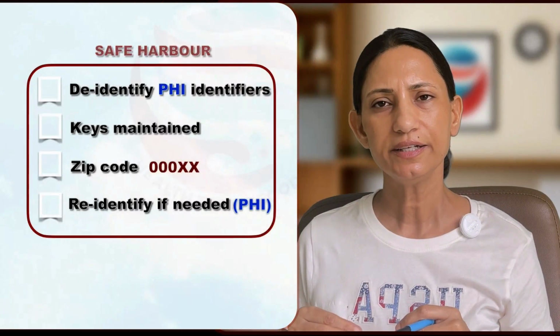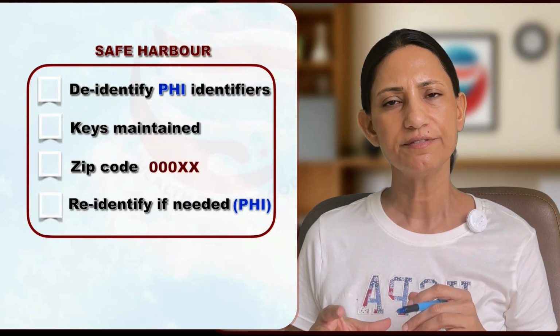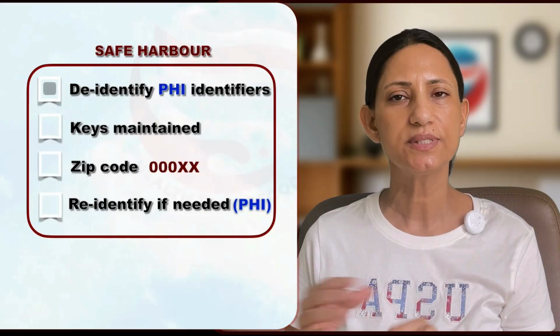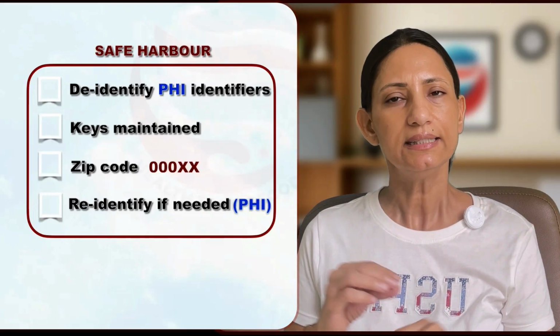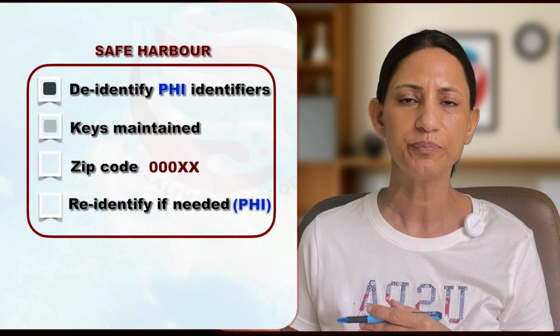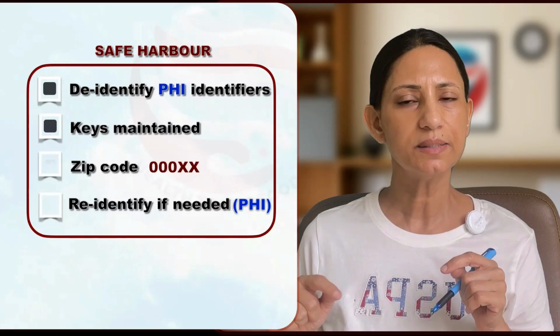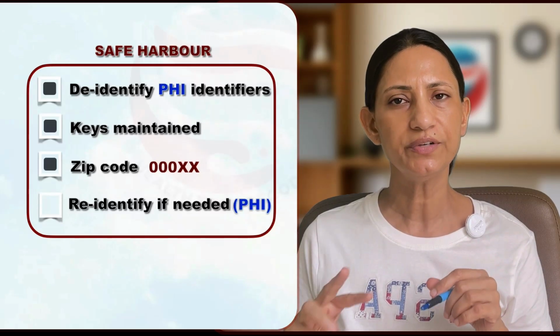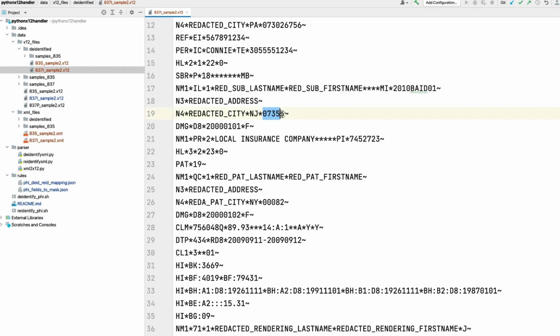Now after expert determination, let's understand the safe harbor method. This method de-identifies or removes the PHI identifiers, for example, IDs, codes, names, date of birth, etc. Then here the keys are to be maintained during de-identification in case they are required for re-identification later. With this method, the zip codes can use the original first 3 digits only if that geographical area contains more than 20,000 people.